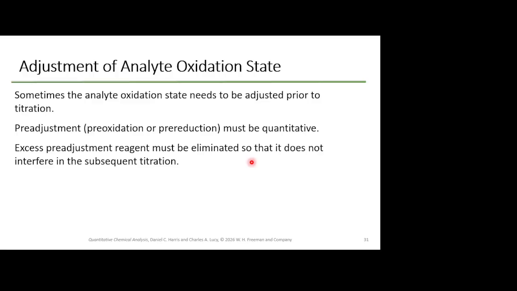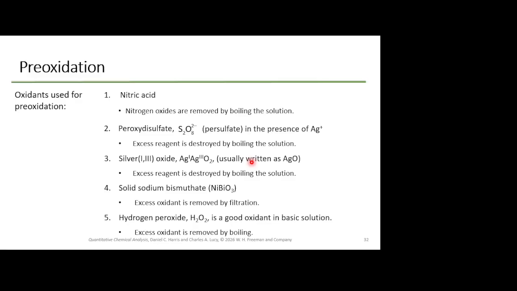If you put in a lot of excess stuff that can oxidize or reduce, that's going to show up in your titration, because you're going to make this and then just oxidize or reduce it right back. Even if it's selective, the excess pre-adjustment reagent has to be eliminated so it does not interfere in the subsequent titration. It's very important for that step.